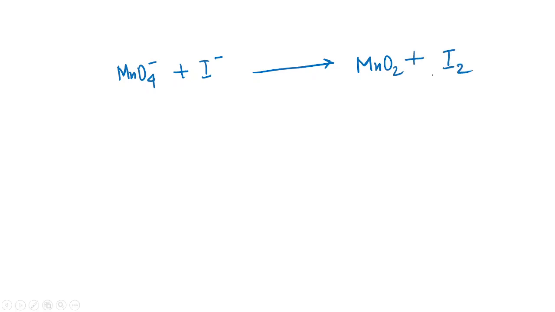The reaction is MnO4 negative plus iodine negative, changing to MnO2 plus I2. Now here the steps will be just the same, nothing will change. First of all, we have to find out the oxidation number for each of the atoms, and once again I'm repeating the same thing.